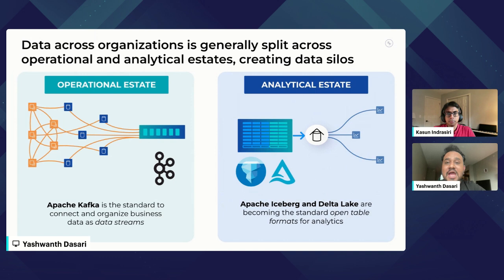Apache Kafka has become the de facto standard for organizing all the operational, real-time data. On the other side, we have the analytical estate, which is basically all the data lakes, data warehouses, and data lake houses. Apache Iceberg, Delta Lake, and even Hudi are becoming the standard open table formats for analytics.